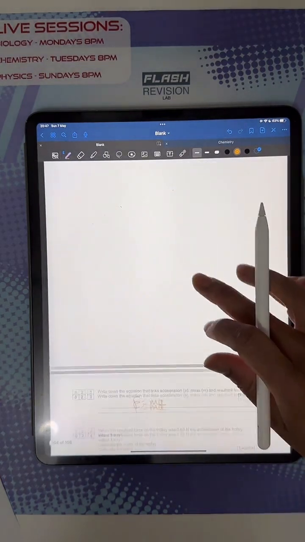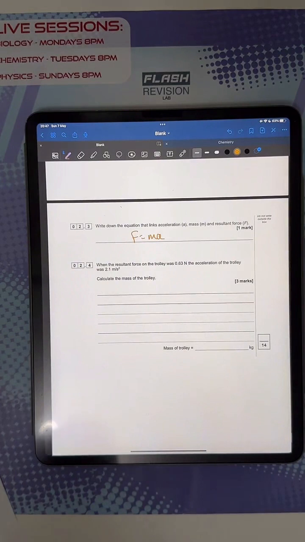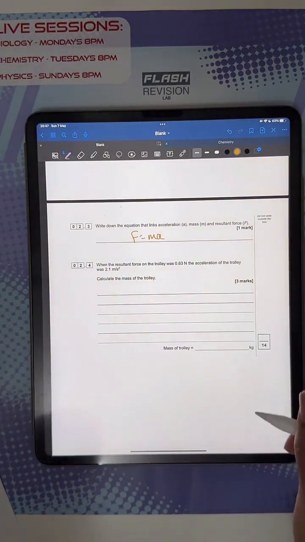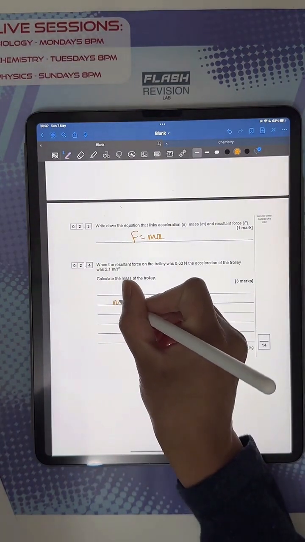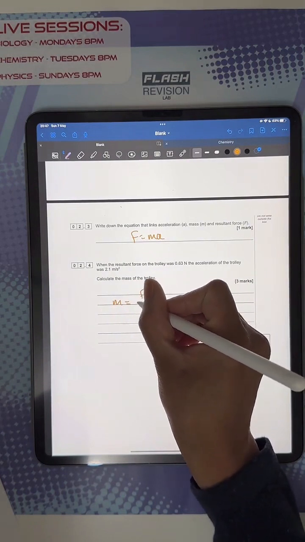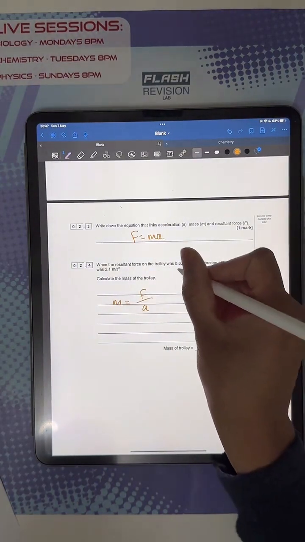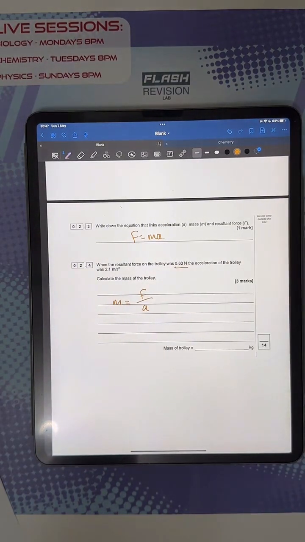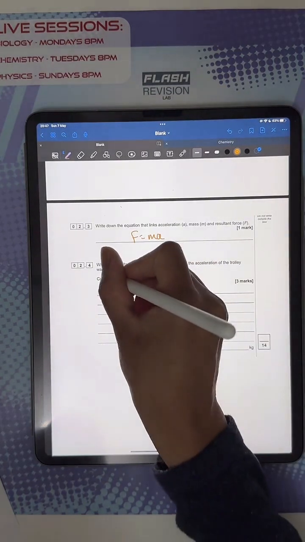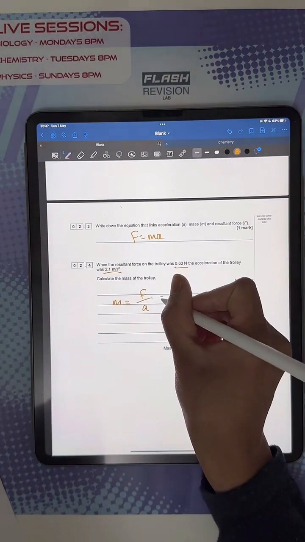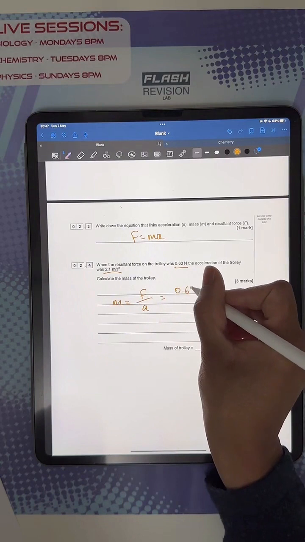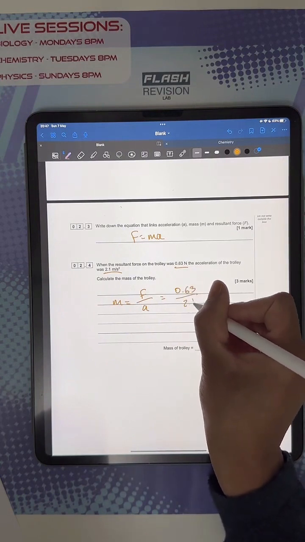Okay, we're done. Right, so we use F equals ma here. We're trying to work out the mass. Mass is equal to F over acceleration when we rearrange that, so we just sub the numbers in. We got 0.63 as our force and acceleration is 2.1. 0.63 divided by 2.1.